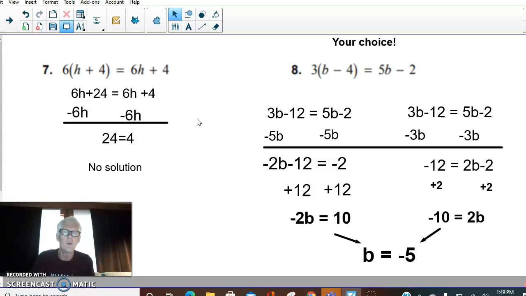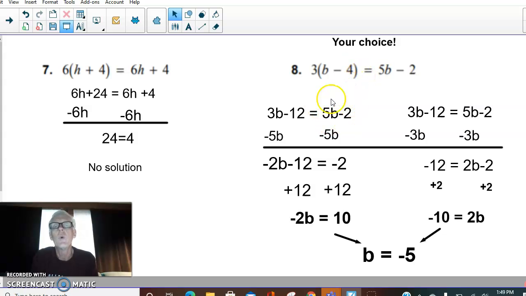So that's no solution. And here's the thing, the last example is kind of more complicated, but really you have your choice as to which way you want to move the variables. Once you use the distributive property on this last one, you end up with 3b minus 12 equals 5b minus 2.